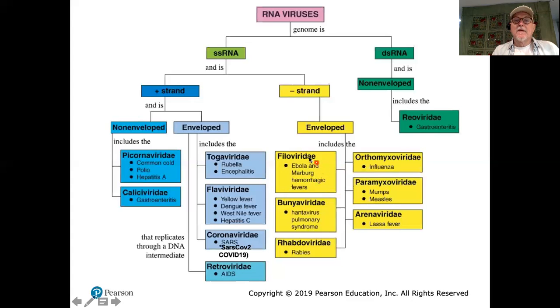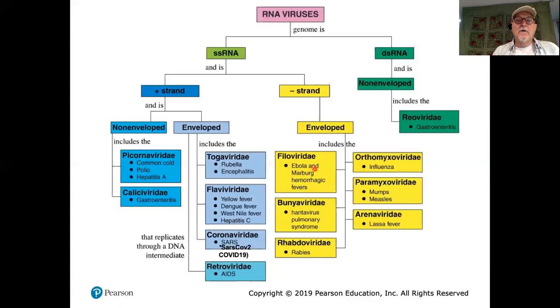But here you'll hear some important ones. The filoviridae; philo means like a strand, a thread. And you'll remember I told you Ebola looks like that. Ebola is a long thread-like virus with what looks like a carpet beater at the end, a loop at the end.